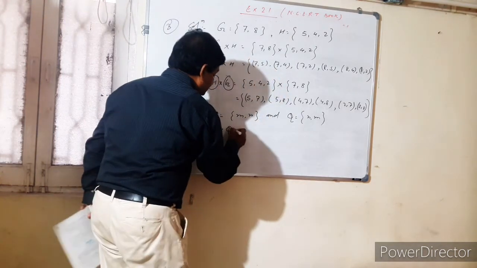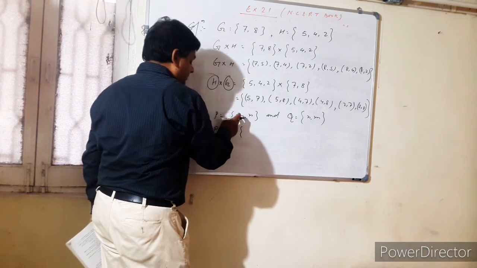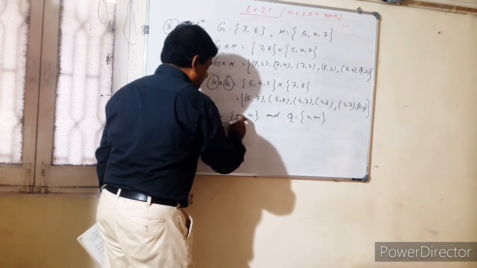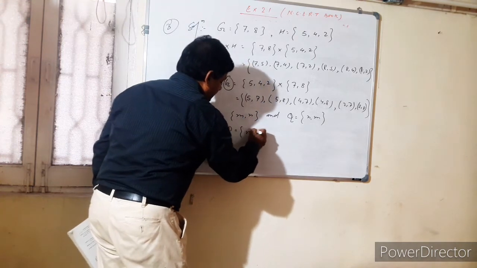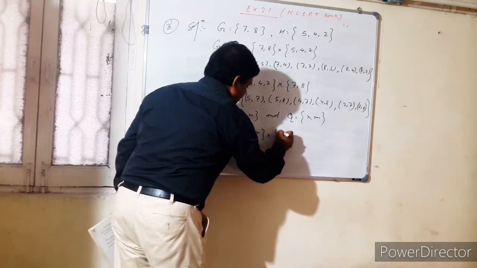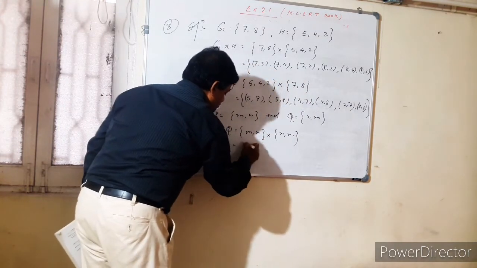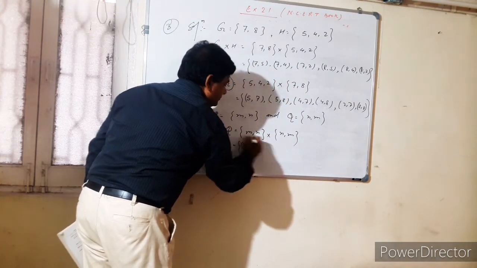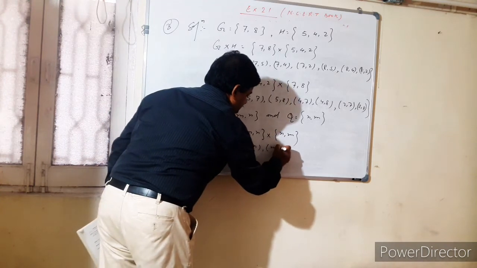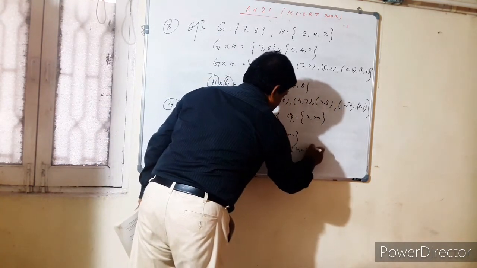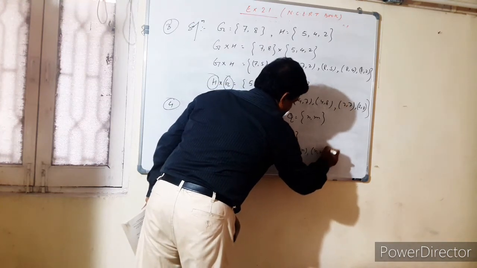So P cross Q, it means first component will be from P. So write here M and first, then N M. So here Mn, Mn, then Nn, then Nm.